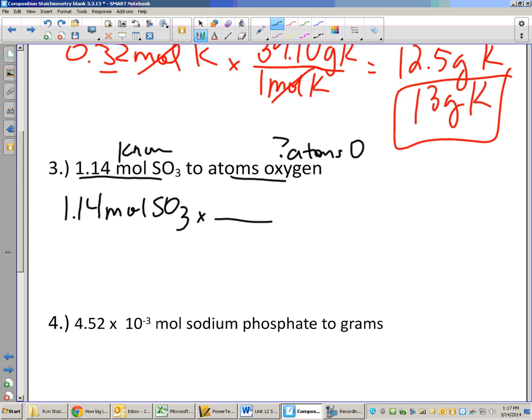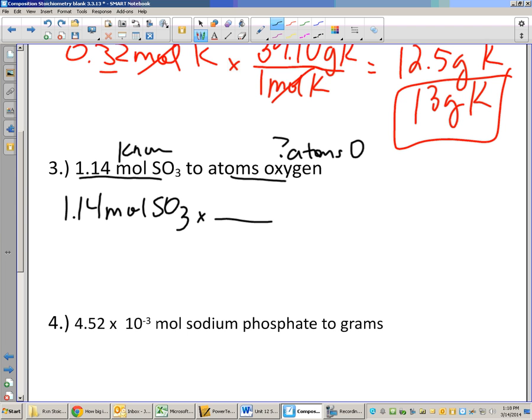These numbers are telling me how many atoms are in sulfur trioxide. So let me draw this baby out here. I'm just going to draw it like this. Sulfur trioxide. There's a lone pair there someplace too.